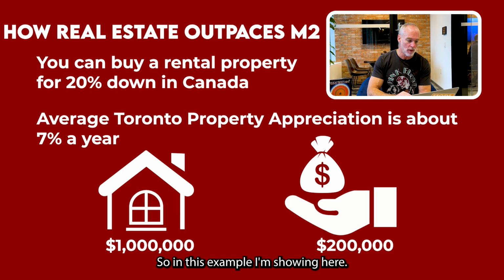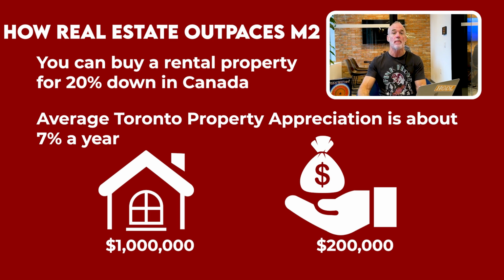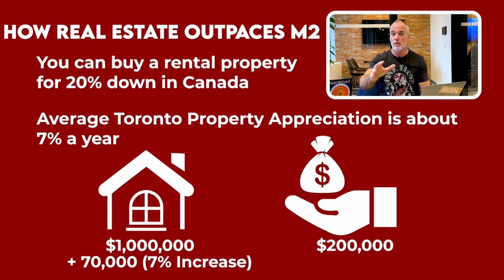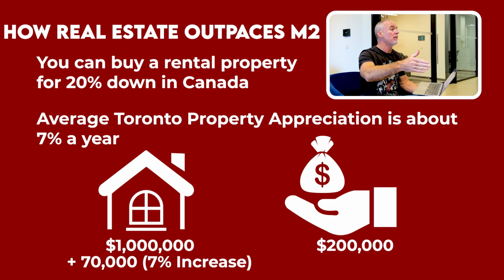So in this example I'm showing here, if you put 20% down, which is a common down payment in Canada to buy an income property, and on average Canadian real estate goes up 7% or so, and I'm rounding here, trying to be conservative, it's actually a little bit more in the Greater Toronto Real Estate Board stats, but on average 7% a year.